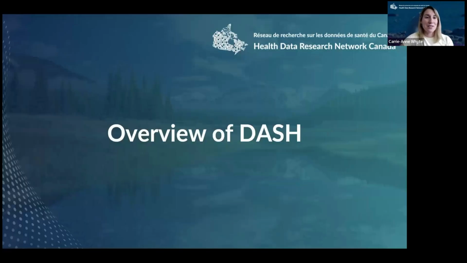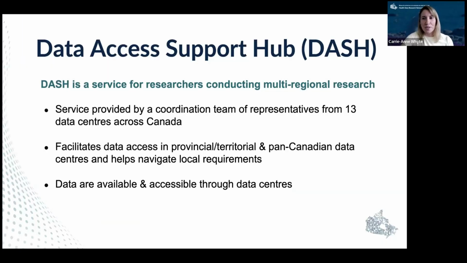So a little bit about the Data Access Support Hub. The Data Access Support Hub is a central coordination point for researchers who want to conduct multi-regional research. It includes a team of representatives from the multiple data centers that I spoke to earlier that are a part of our network. And together, they work to support researchers in obtaining administrative and other data for research purposes.